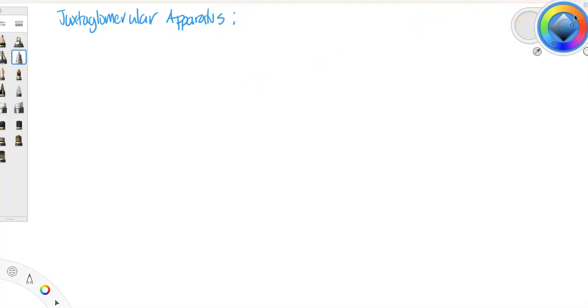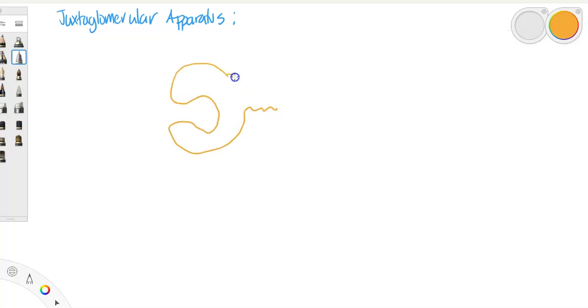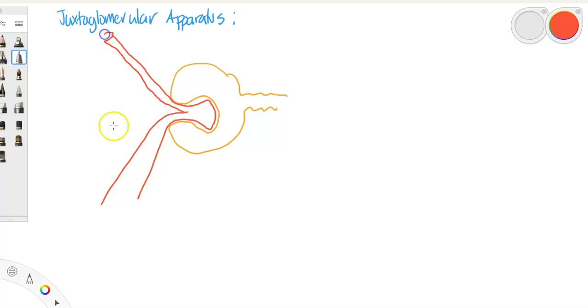Okay, so of course we have to draw our Bowman's capsule and our glomerulus. So we have our glomerulus in here, coming out, going this way, here, and there.